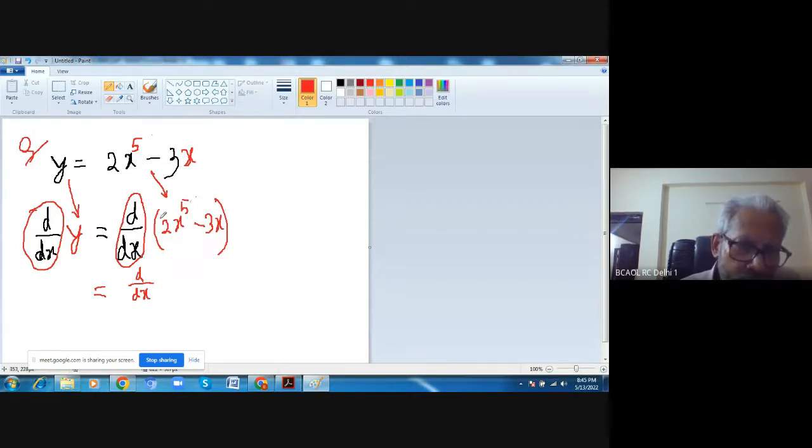Actually, this 2 we are not differentiating, so 2 is coming outside. Now x to the power 5. Minus 3, nothing will be done because it's a constant, so 3 will come outside. So dy/dx of x, only x is there, that's all.